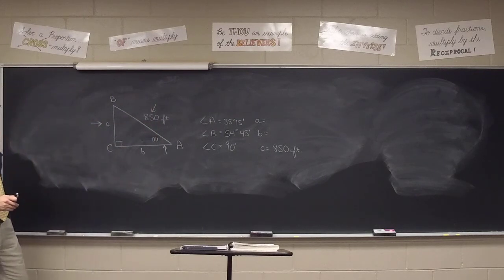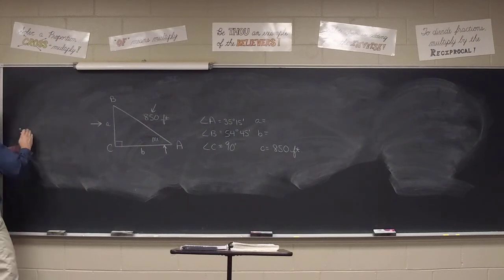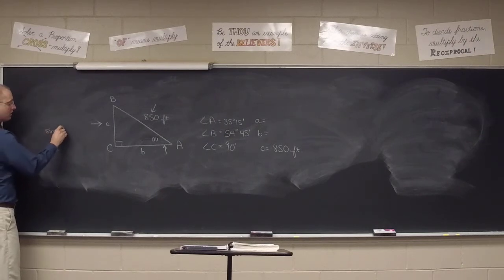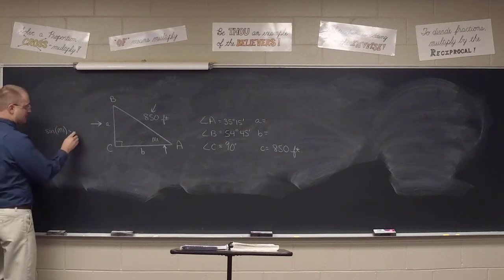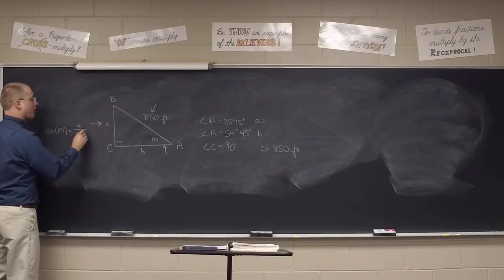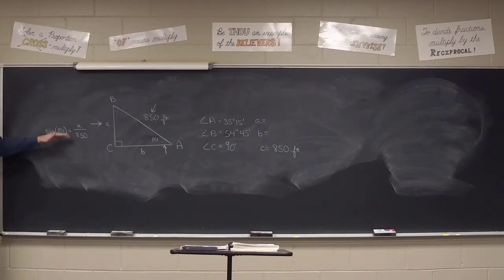Which trig function, Jamie? Sine. And what should I write out, Jamie? The sine of angle, memory 1, is equal to A over 850. Perfect. The sine of memory 1 equals A over 850, or in Ethan's case, the sine of 35 degrees, 15 minutes equals A over 850.